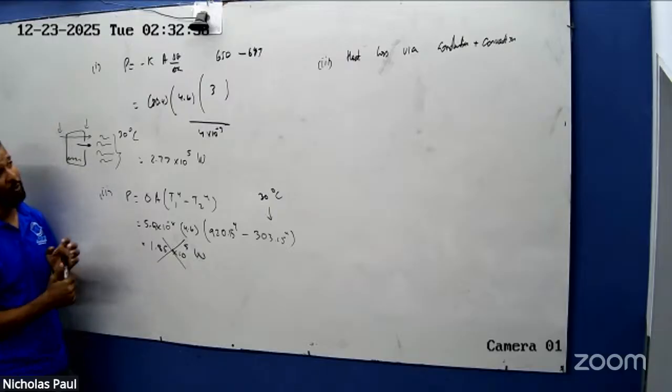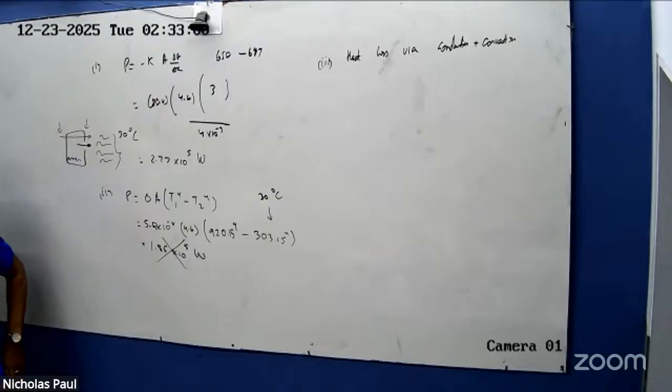All right, so make a note of that now. Heat loss via conduction and convection is 2.77 by 10 to the 5.